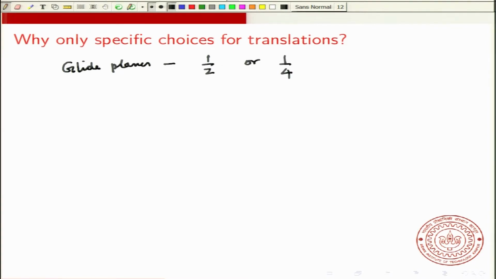The 1/4 was in the case of the diamond glide, but all other glides were characterized by half unit translations. So, the question is why only such fractions are allowed. We already said this, but it is worth re-emphasizing.